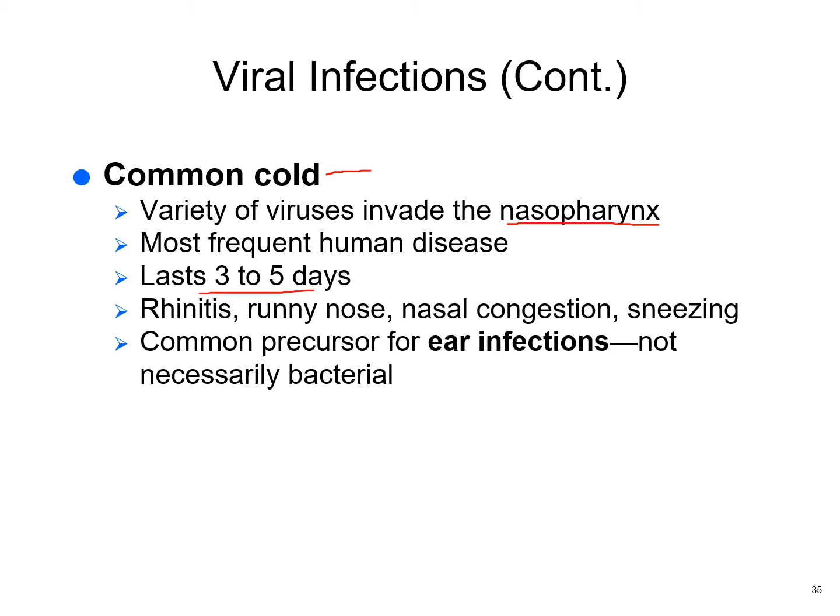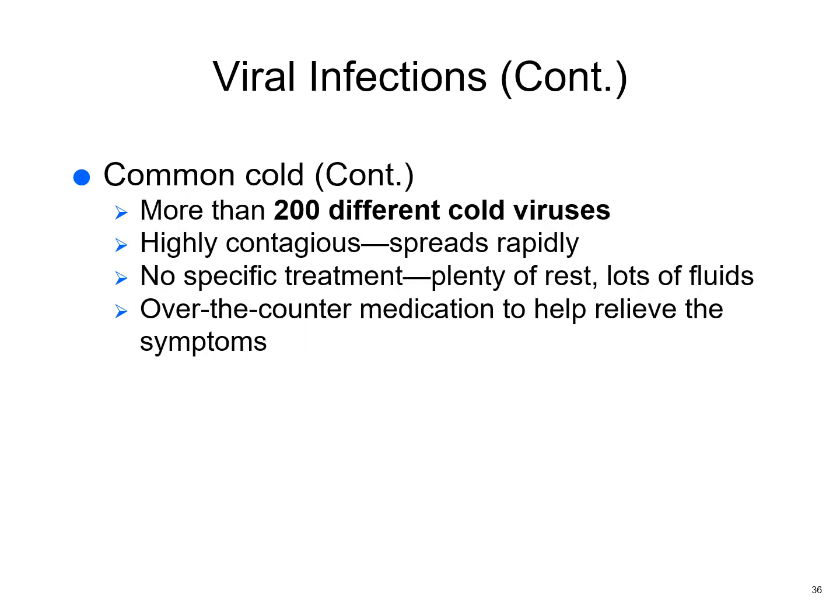They last 3 to 5 days, with sore throat, runny nose, and can cause ear infections by stopping up the eustachian tubes. There are at least 200 different cold viruses, very contagious, but we get immune to the ones we've been around. No specific treatment, rest, fluids.